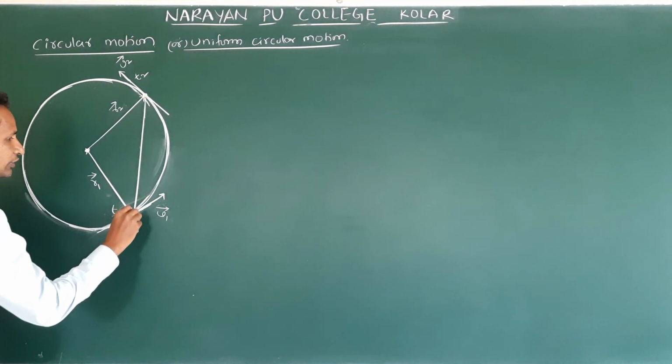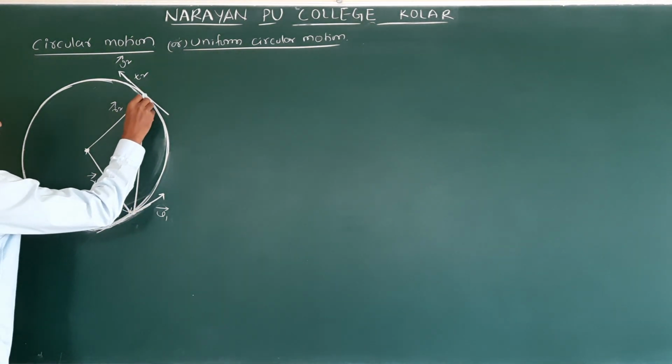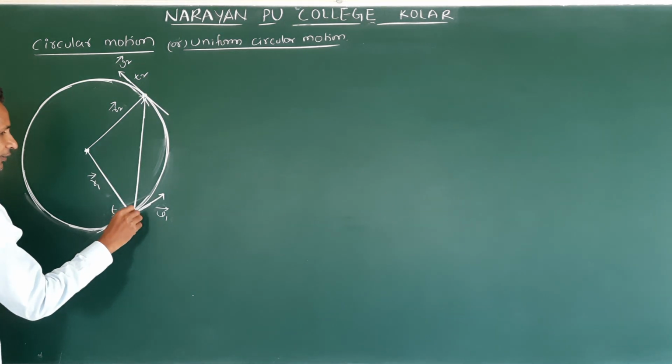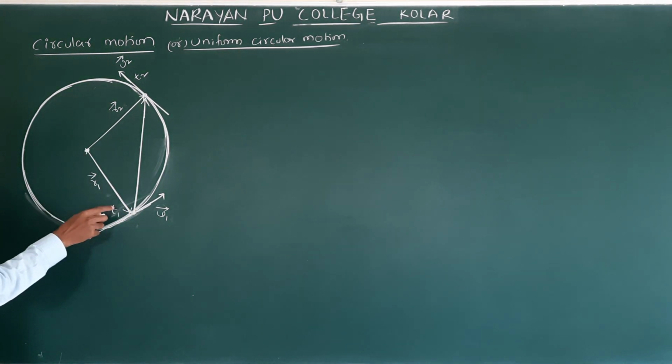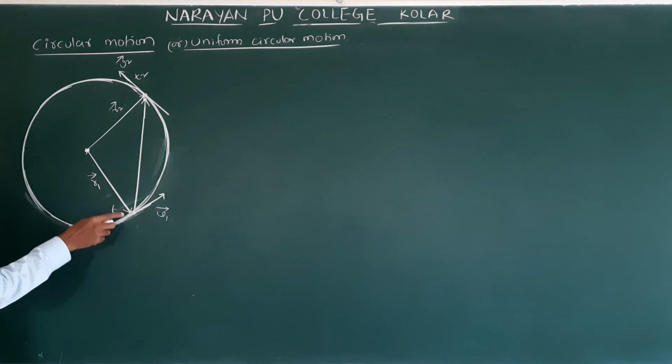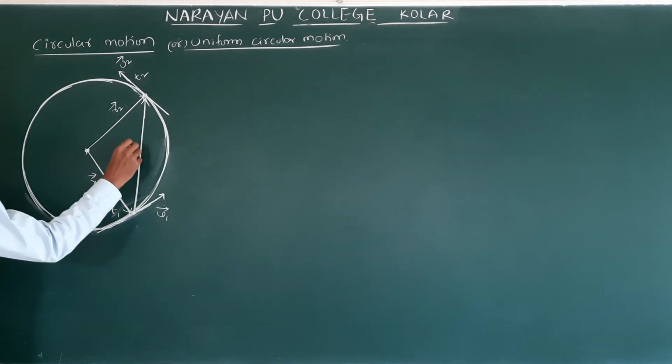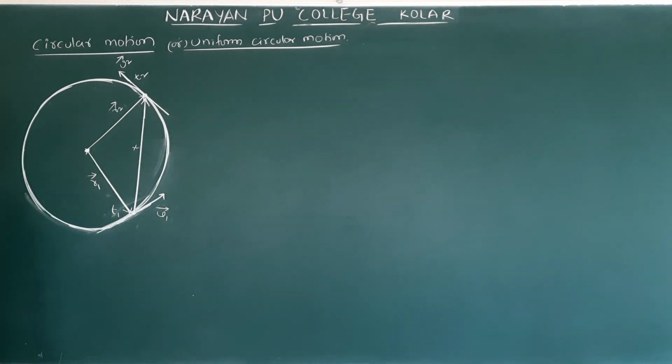Am I correct? Changing position. So make it tail, head. You consider this as, let us say, x. Same situation I am drawing here. This is r1. This is r2. This is r1, and this is x. Follow our triangle law or graphical method of addition of vectors.